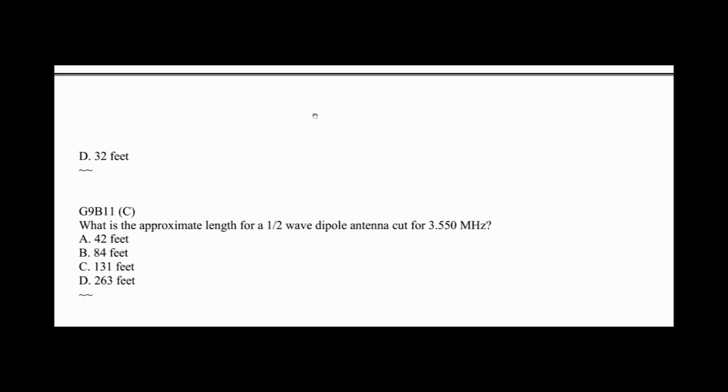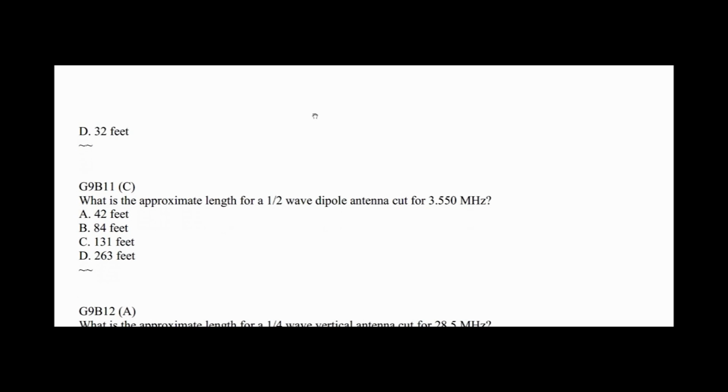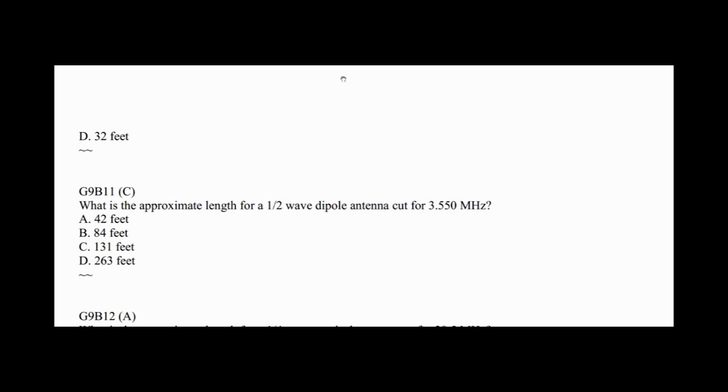G9B11, what is the approximate length for a half-wave dipole cut for 3.550 megahertz? Well, the answer there is 131 feet. And again, you can do the formula. You can also memorize. It's a good thing to memorize those lengths. 20 meters is about 32 feet. 40 meters is about double that. In fact, if you remember one, you can probably remember the others.